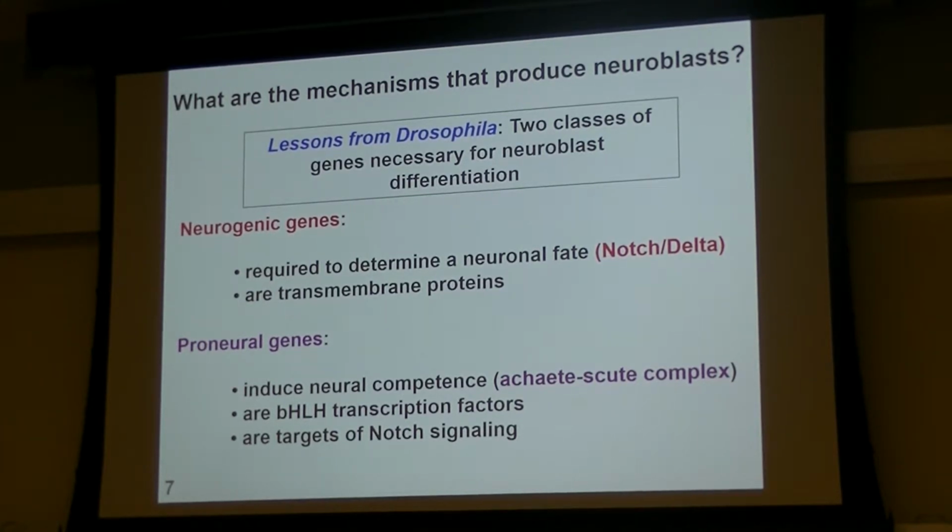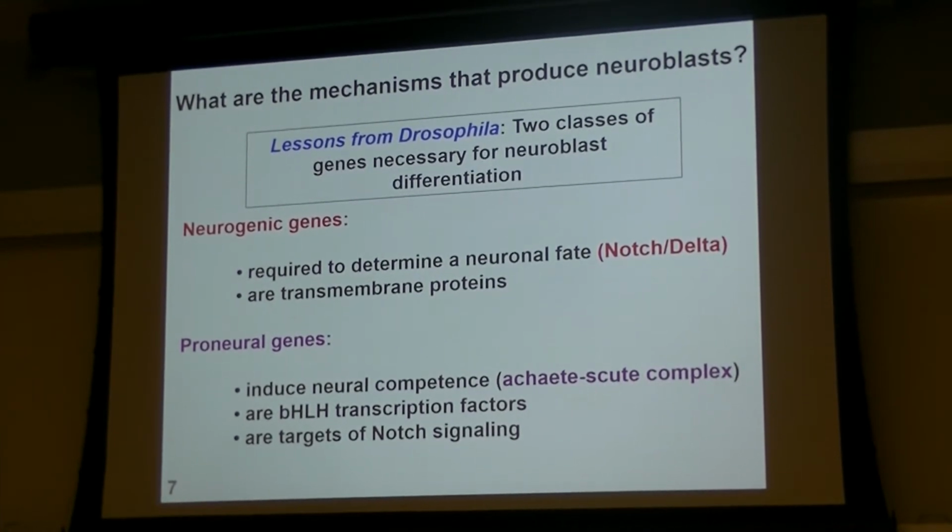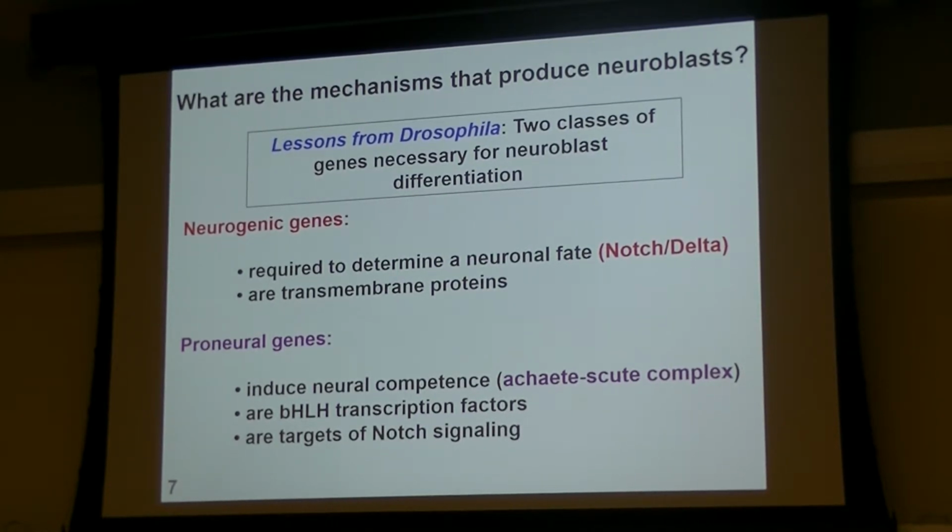So screens were done to try to find genes that would be needed to build the central nervous system, genes needed for the neuron cell fate or the glial cell fate. And not just can we get any neurons, but can we get the proper number of neurons within this organism? And can these cells partition appropriately into neuron versus glia cell fates?